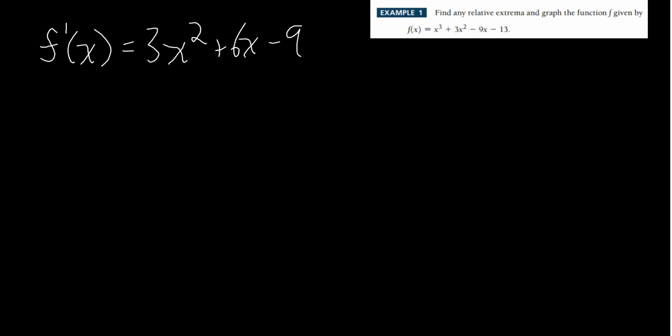And let's go ahead and take the second derivative while we're in the mood to take derivatives. The derivative of f prime of x is going to be 6x plus 6. So we figured out the first and second derivative.